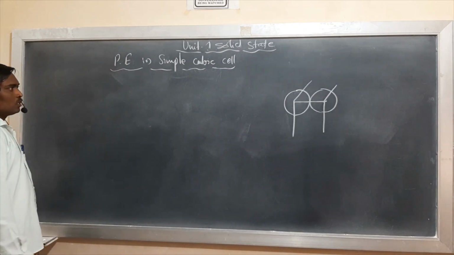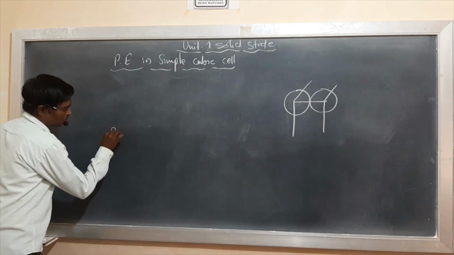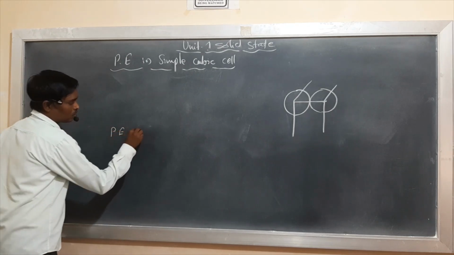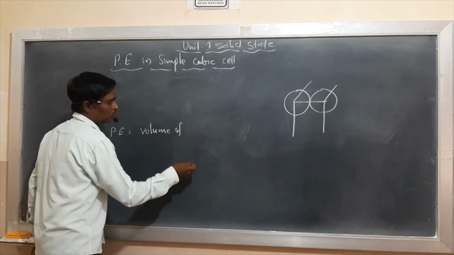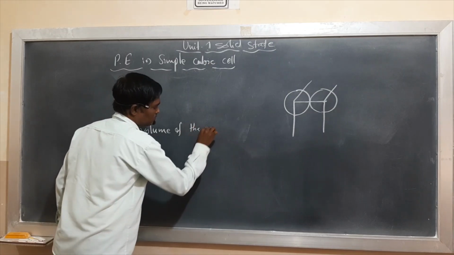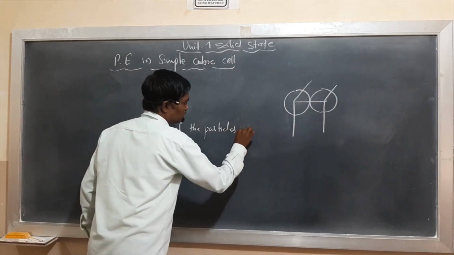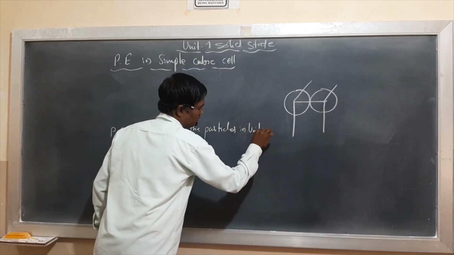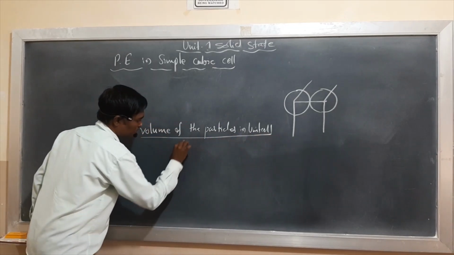So we know the formula to calculate the packing efficiency. The packing efficiency is the volume of the particles in the unit cell, divided by the volume of the unit cell.